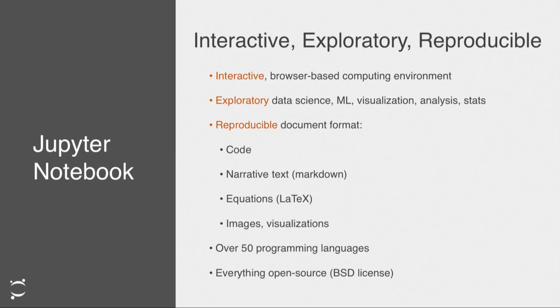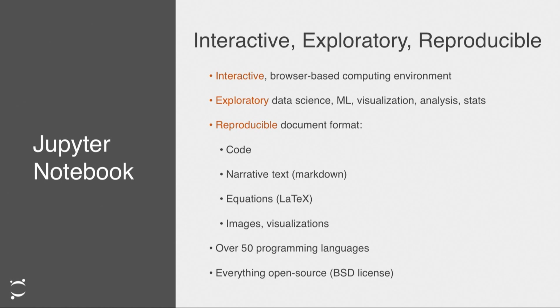The main tool of that ecosystem, and the most popular, is the notebook. It's an interactive browser-based computing environment mostly used for data science, machine learning, and visualization. It's also a standard, a document format that can store code, narrative text, equations, images, and interactive visualization.